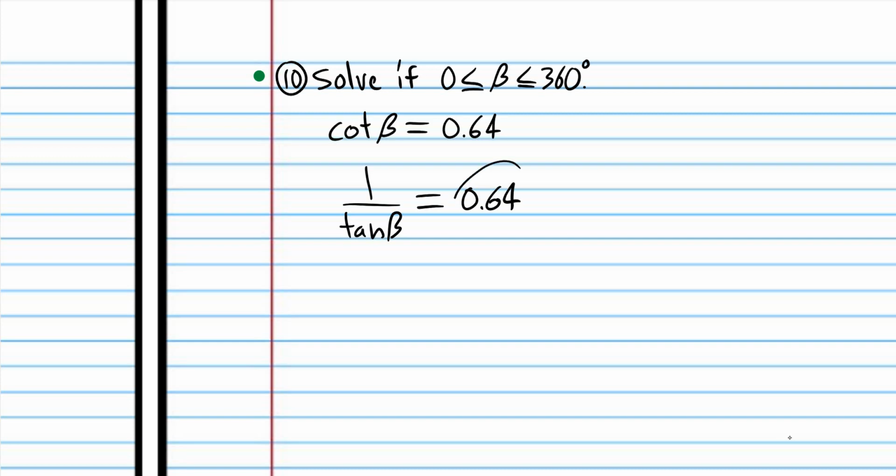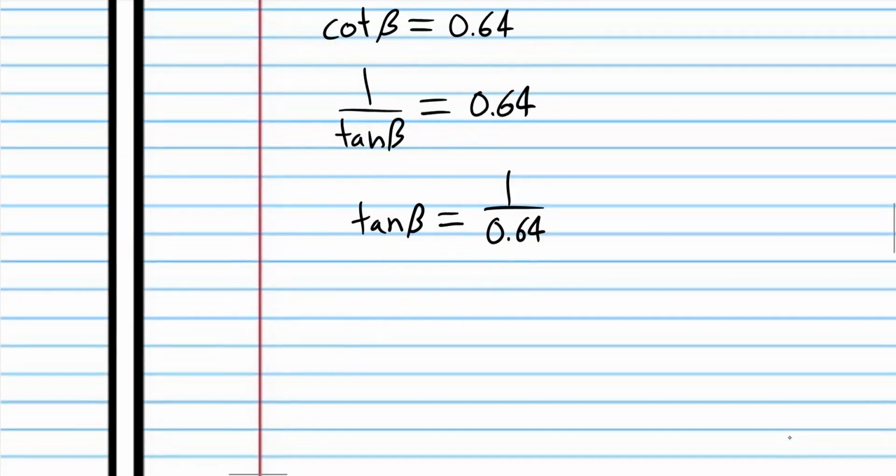But then if you flip both sides of this equation, using a shortcut algorithm, flipping both sides is really just a shortcut algorithm. We're not explaining the algebra because, again, that just gets too tedious. So 1 divided by 0.64 is 1.5625.